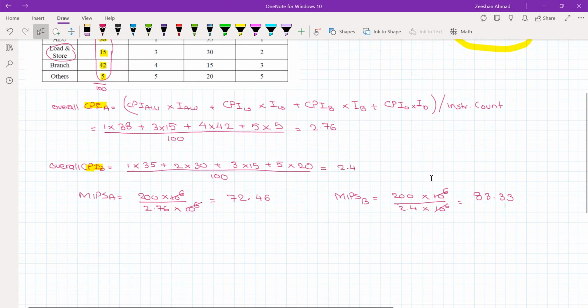Since MIPS means million instructions per second, the more instructions executed in a second, the faster the machine.